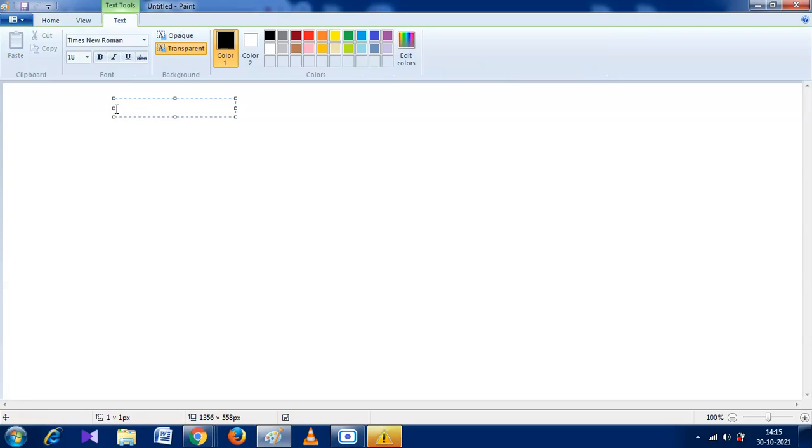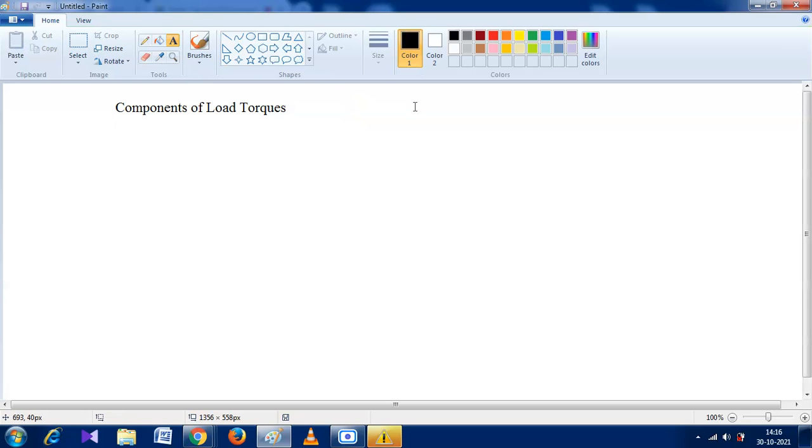Today's topic is components of load torque. There are mainly two components.